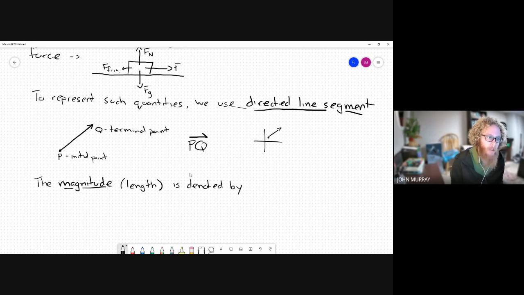The magnitude has a different representation. So we take the segment PQ, and then I add two absolute value signs on both sides. They're not supposed to be slanted or italicized, it's just the way the pen was. So this would be the magnitude of PQ.